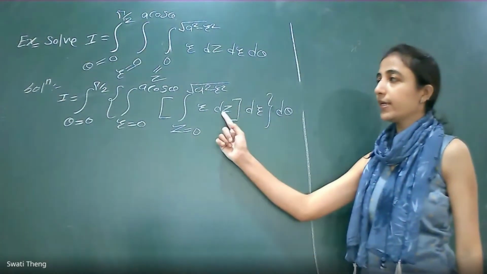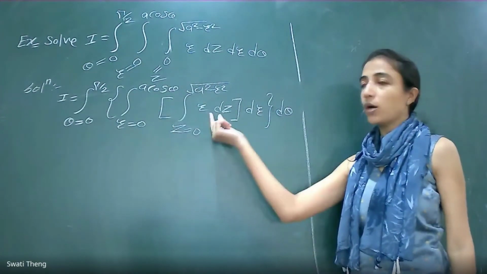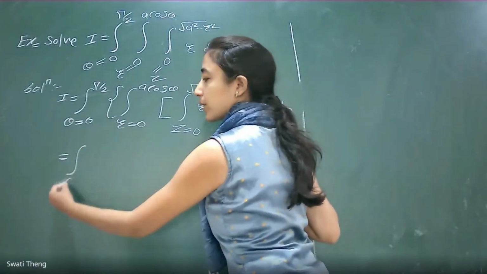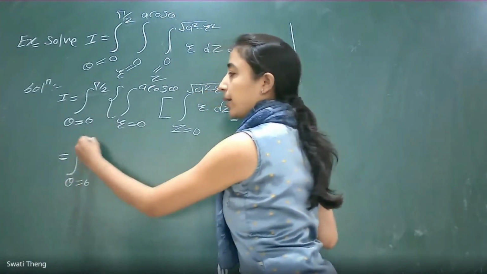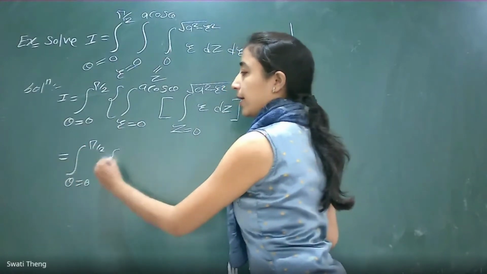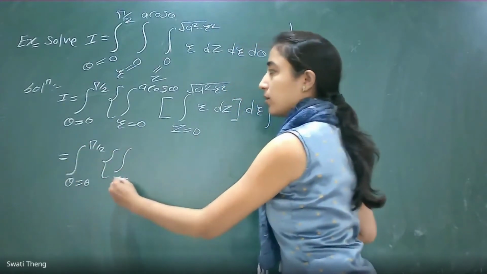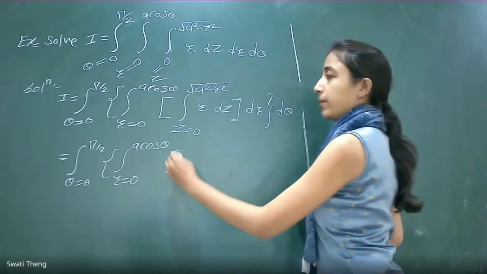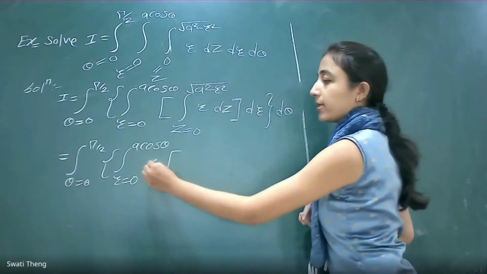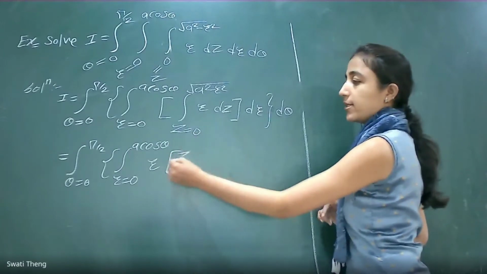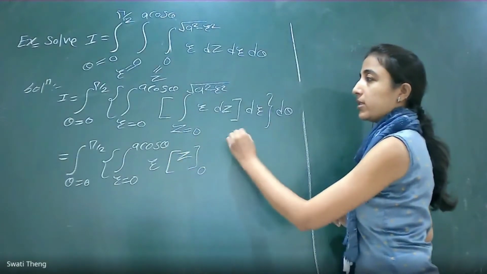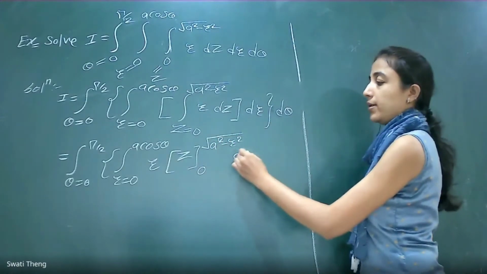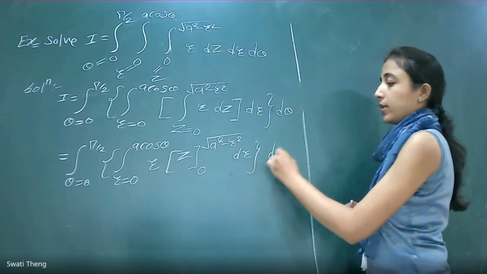When we are integrating with respect to z, r is outside, integration of dz is z. So here theta varies from 0 to pi by 2, and here r varies from 0 to a cos theta, integration of dz, here r is outside, is z, limit is 0 to under root of a square minus r square, dr d theta.